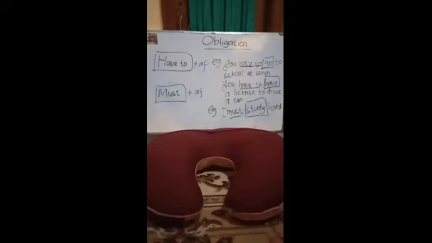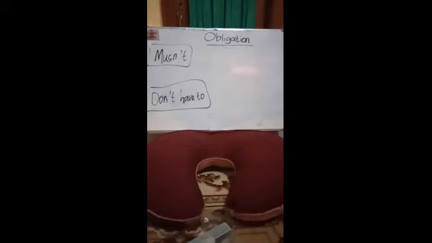The next explanation is about mustn't and don't have to. Students, here I will explain the negative use of obligation.